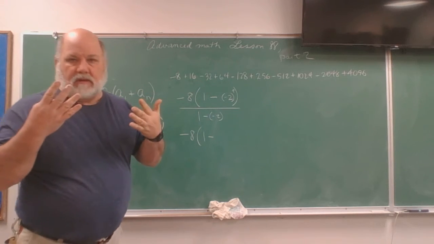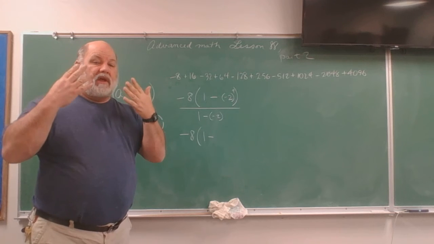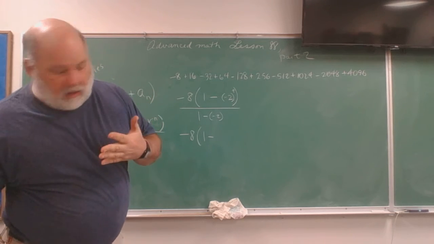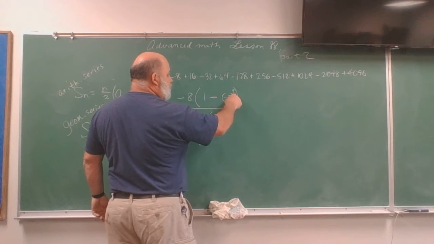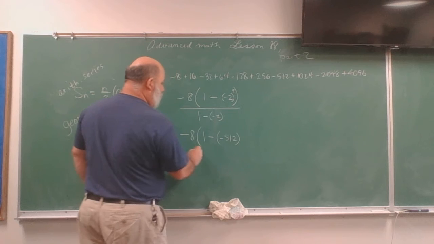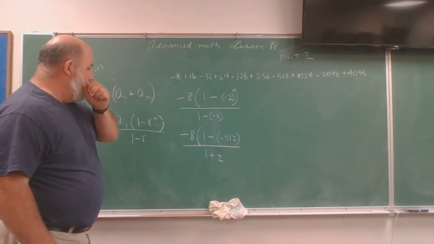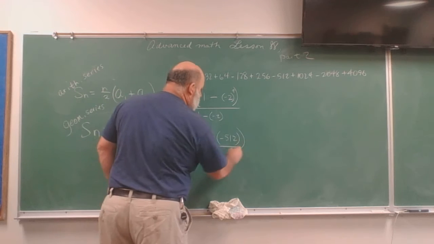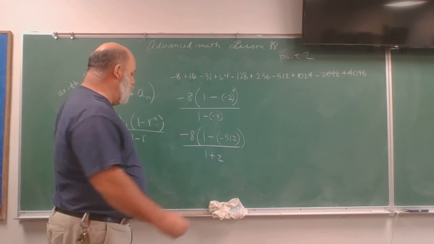Okay, 2 to the 10th power. So we want 2 to the 9th power, which was 512. So minus, and since it was 2 to the 9th power, that's -512 over 1 plus 2. All right. So we've got 1 minus -512.